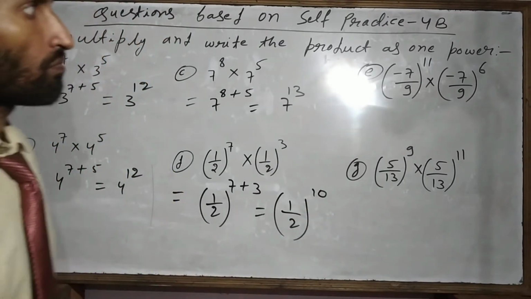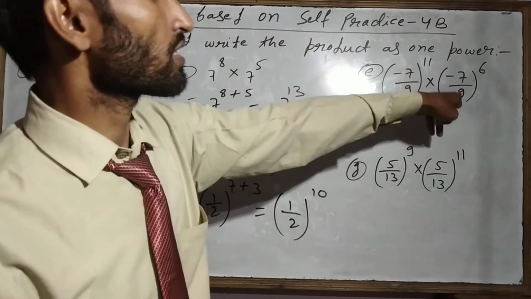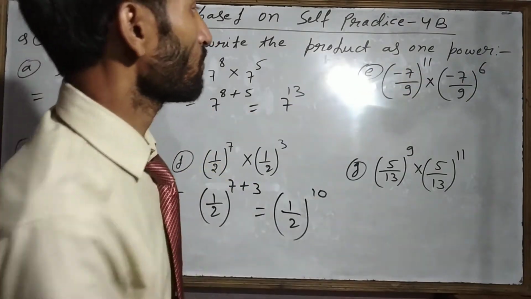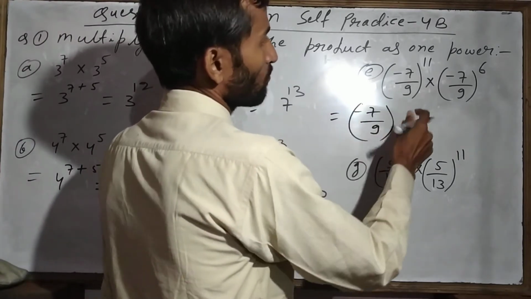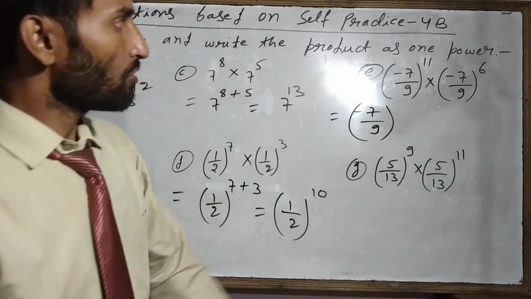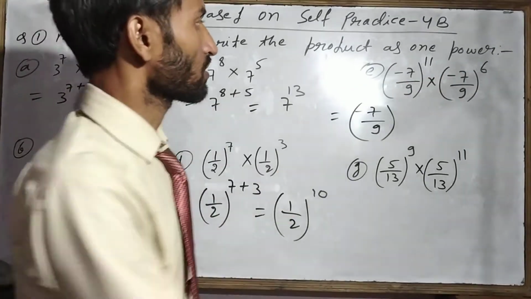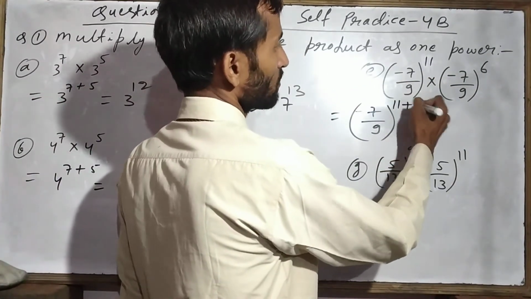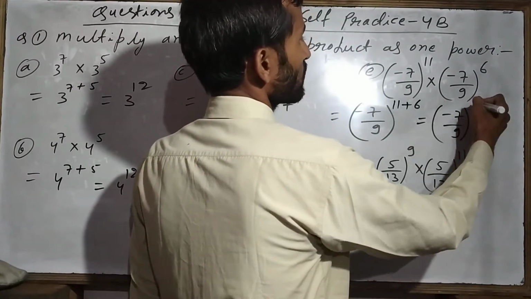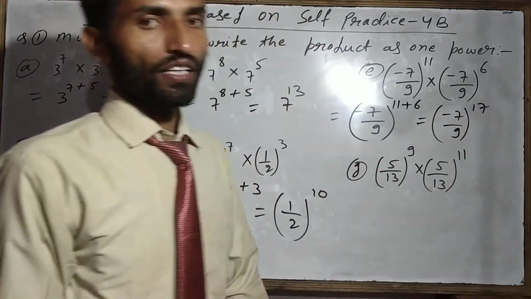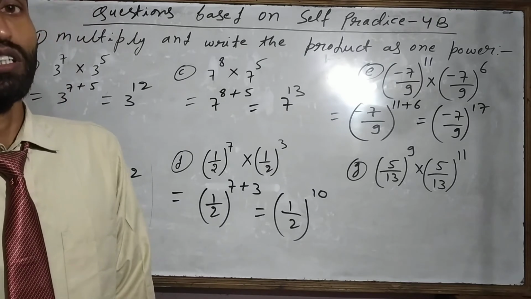Next one, minus 7 upon 9 into minus 7 upon 9. Both are the same base, we will add both the powers, 11 plus 6, so it will come minus 7 upon 9, 11 plus 6, 17 will come. Okay, so minus 7 upon 9 whole power 17 will come.